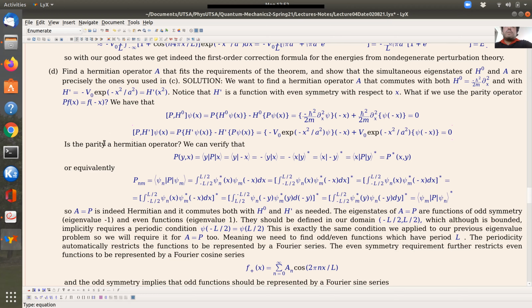The second condition was that the operator was Hermitian. Is it? You probably saw this in the previous course, but if you haven't, let's do it just as a sanity check. We can do the calculation in two different ways. One in the position basis, so basically P of x and y, which is a matrix, but it's a continuous matrix if you want to think about it this way. So inner product of y with P of x is minus x, so the minus comes out.